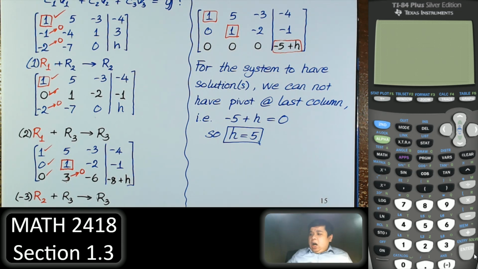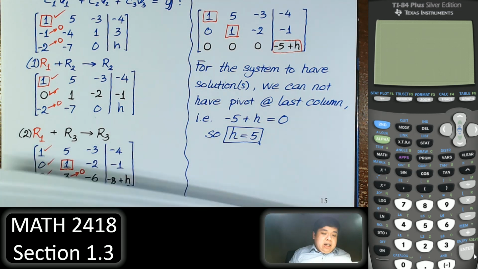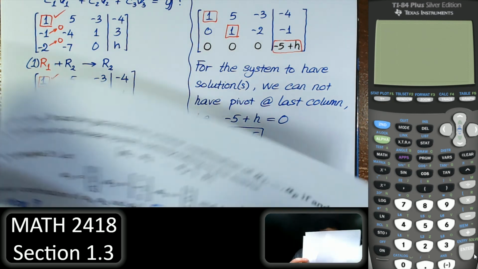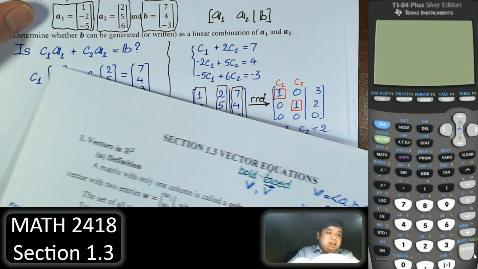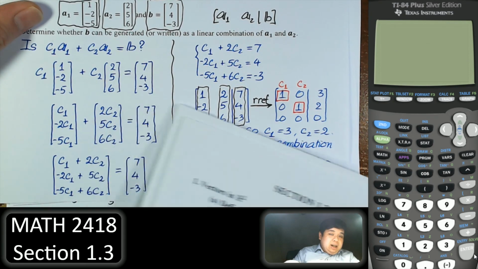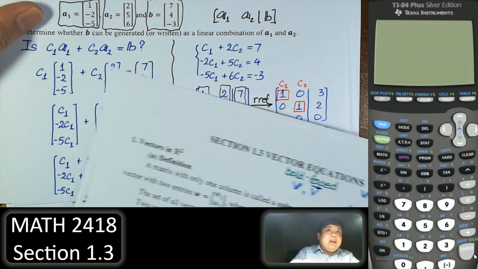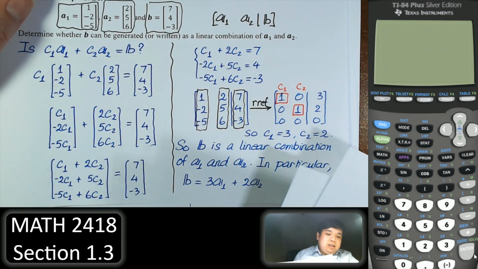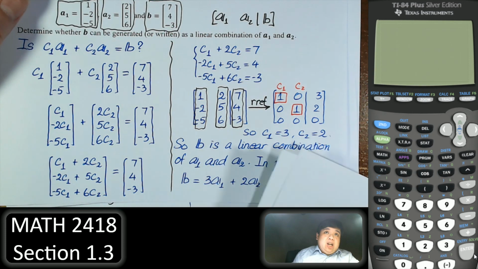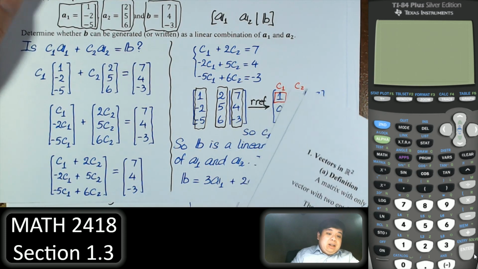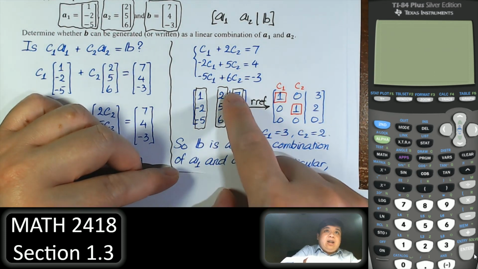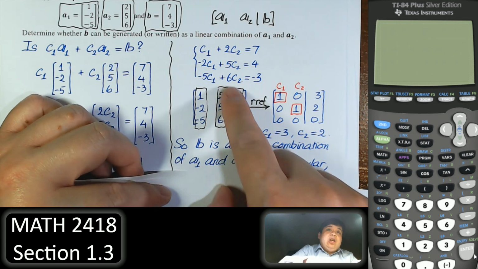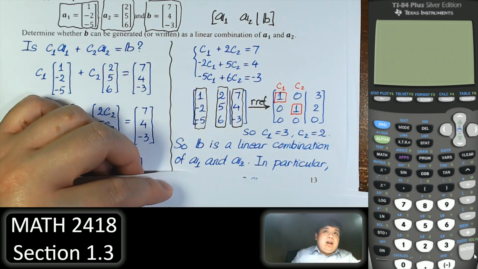Right. So what we learned in this section is that a system of equations can be written in vector form. And if it has a solution, then we say the vector on the right hand side is a linear combination of the vectors on the left hand side.